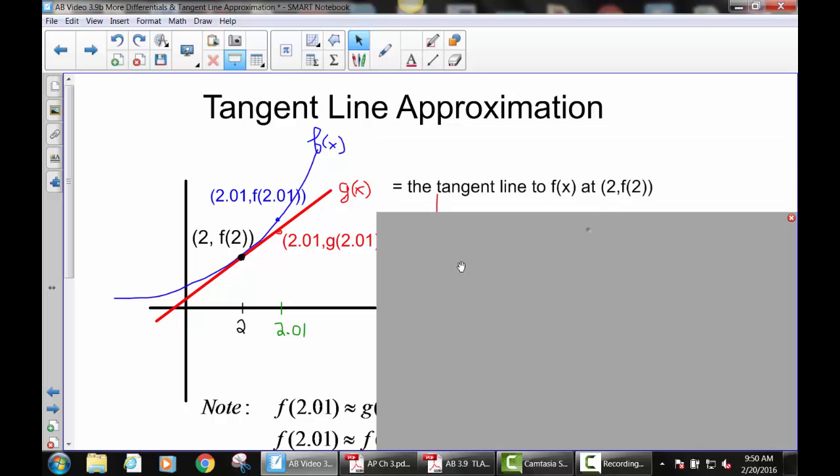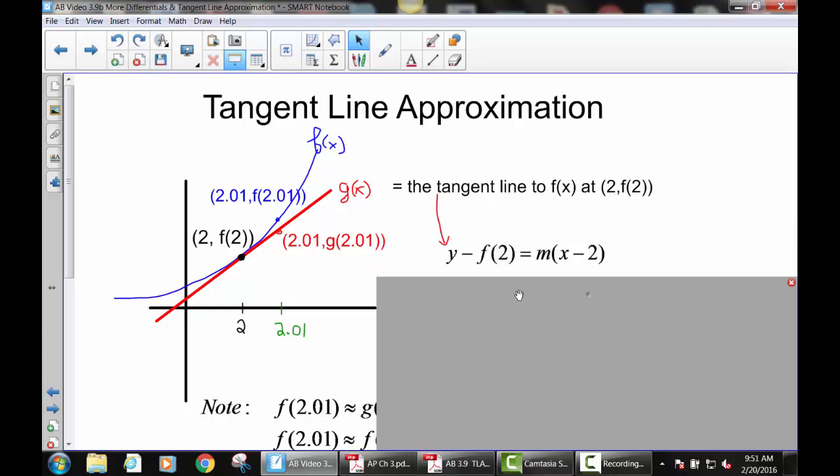Okay, so g of x is the tangent line to f of x at the point 2, f of 2. Therefore, y2 minus y1 equals m times x2 minus x1. Y minus y1 equals m times x minus x1. Our y1 is the y coordinate of the point of tangency, which is f of 2, and our x1 is 2.